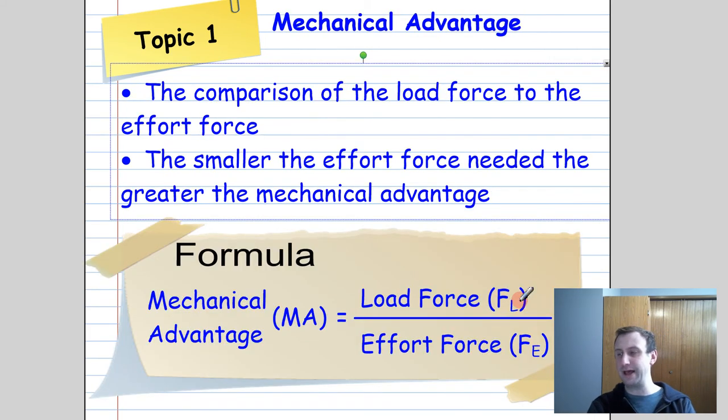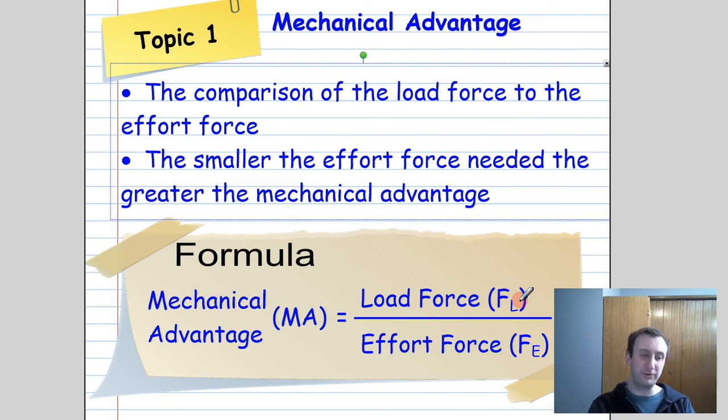So mechanical advantage is all about how much easier it makes things in terms of the force required. So by what multiple is less force needed than would have been needed to just lift up the thing. The way that we calculate mechanical advantage is we divide the load force by the effort force.